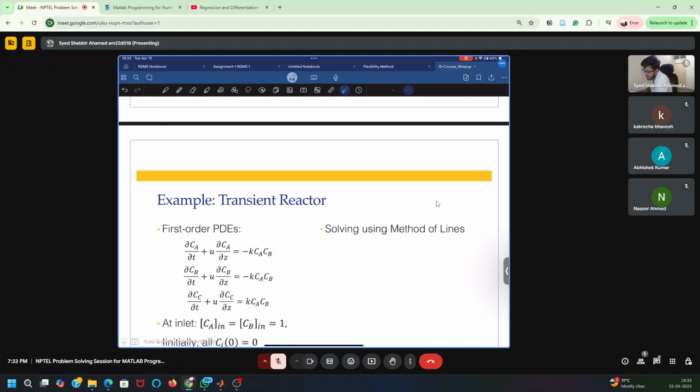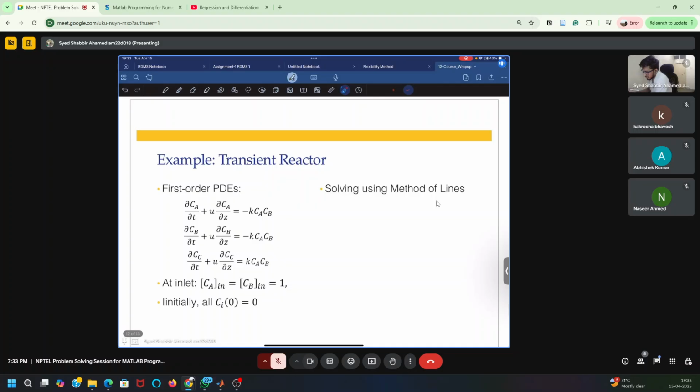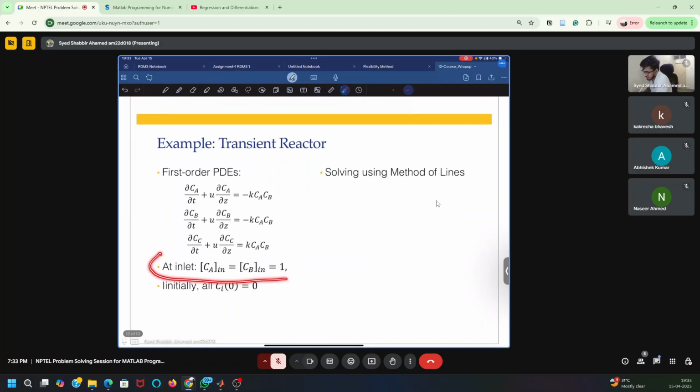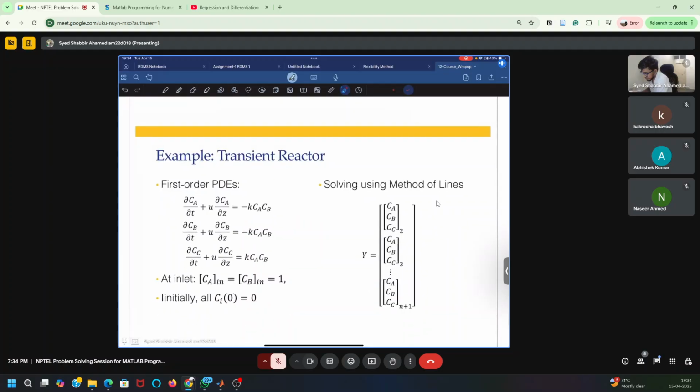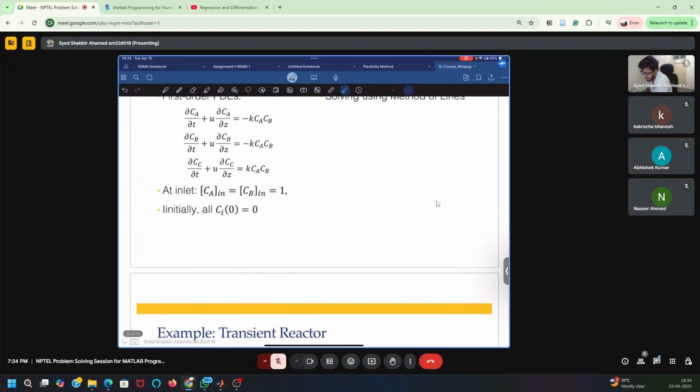Here there are conditions which are given at the boundaries, CA and CB are equal to 1, and then we also have the initial condition, which is that for CA, CB, and CC at time t equals 0, everything is 0.